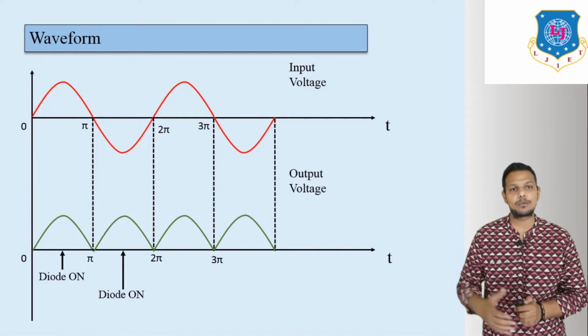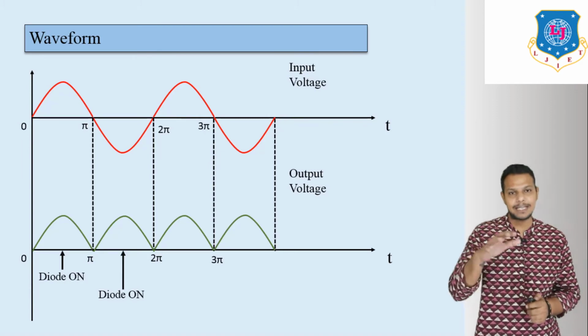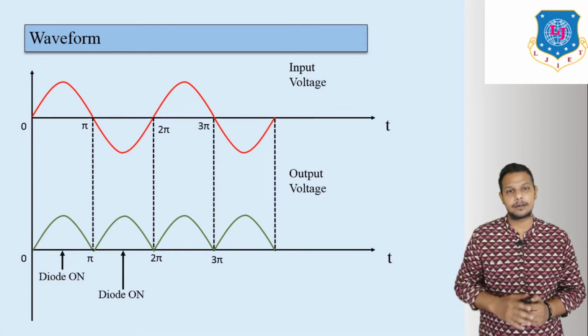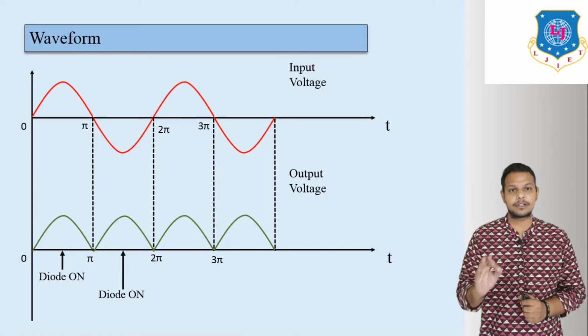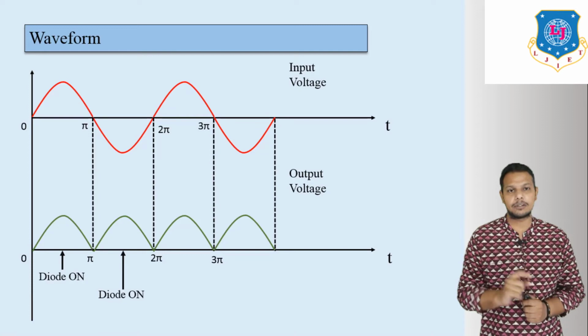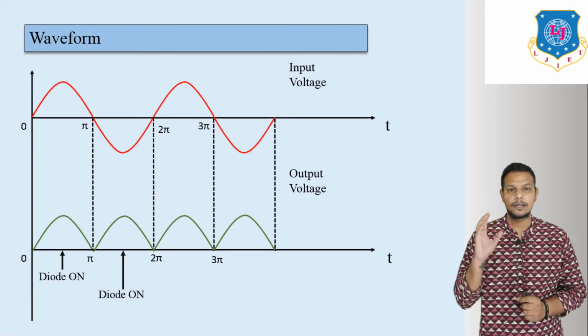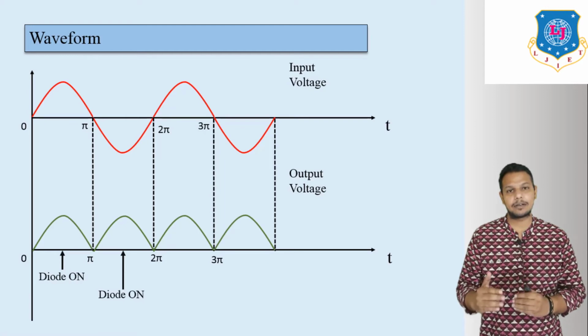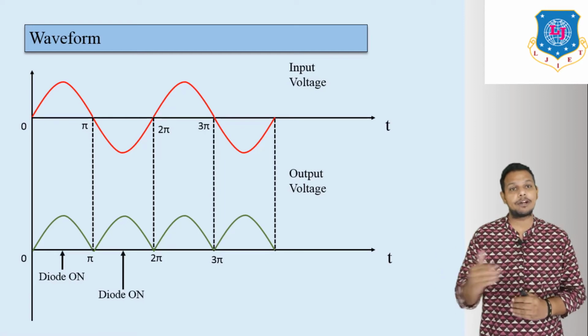So this is the final output which we will get after this construction. Now, input to output waveform. From this waveform we can conclude that this is the full wave rectifier, because after this operation we finally get positive half cycles only. That's the reason it is known as full wave rectifier.